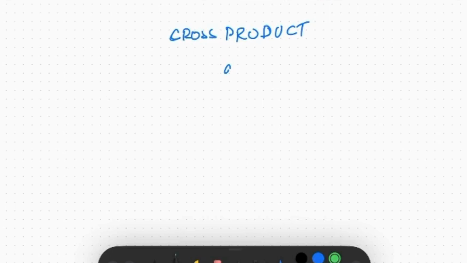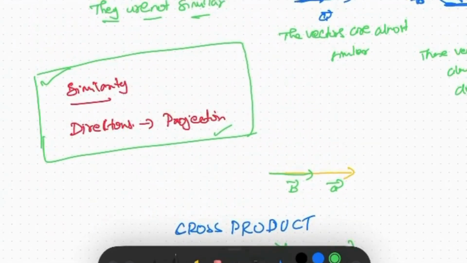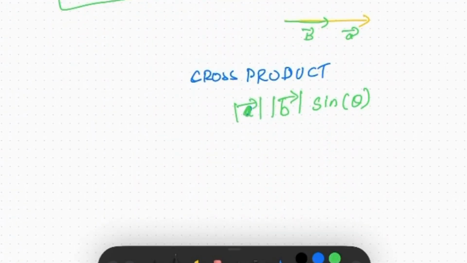The formula is magnitude of A vector multiplied by magnitude of B vector, and here you are picking sin theta. Cos theta talks about similarity, sin theta talks about the spread or the separation between the vectors, right?